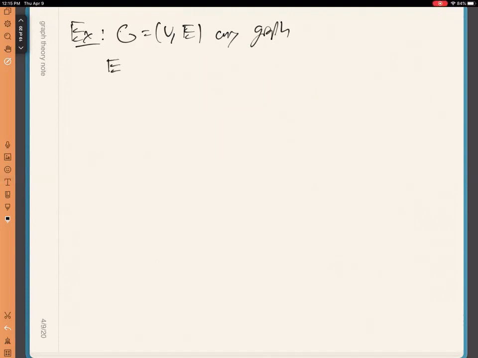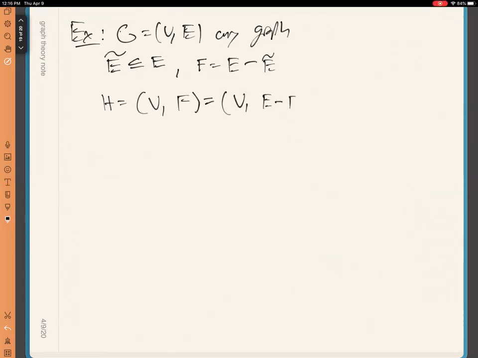So let's call E with a tilde some subset of E. And suppose I let F equal E minus E tilde, meaning I take the complement in E. And then let's define H to be V comma F, where I'm not changing the vertices and I'm just deleting some edges, right? So this is always a subgraph, and it just follows right from the definition because F is clearly a subset of E because I'm just removing some things from E.